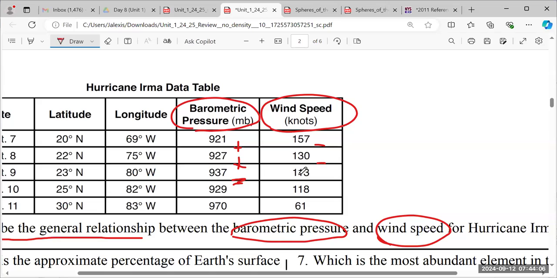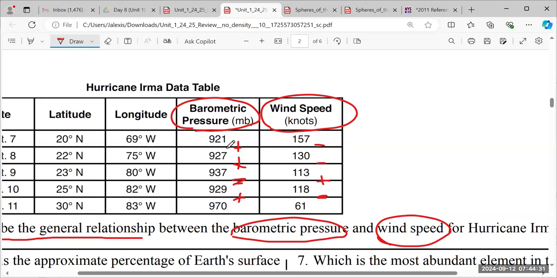And then when it goes from 113 to 118, it's increasing. I'll put a plus. Then when it goes from 929 to 970, it's increasing again. But I'm going to look on the other side. It goes from 118 to 161. It's decreasing. What am I noticing?